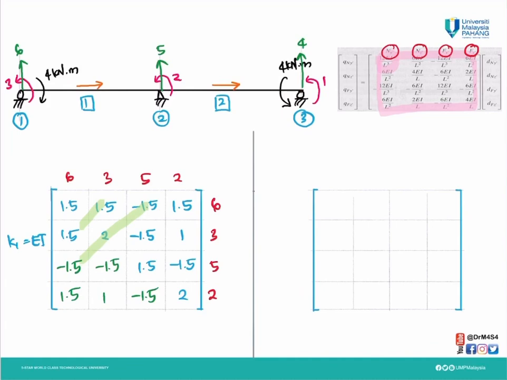So let's do member 2, K2, take the EI out, and do the numbering for member 2. Start with vertical first, then followed by rotational. 5, 2, 4, 1.